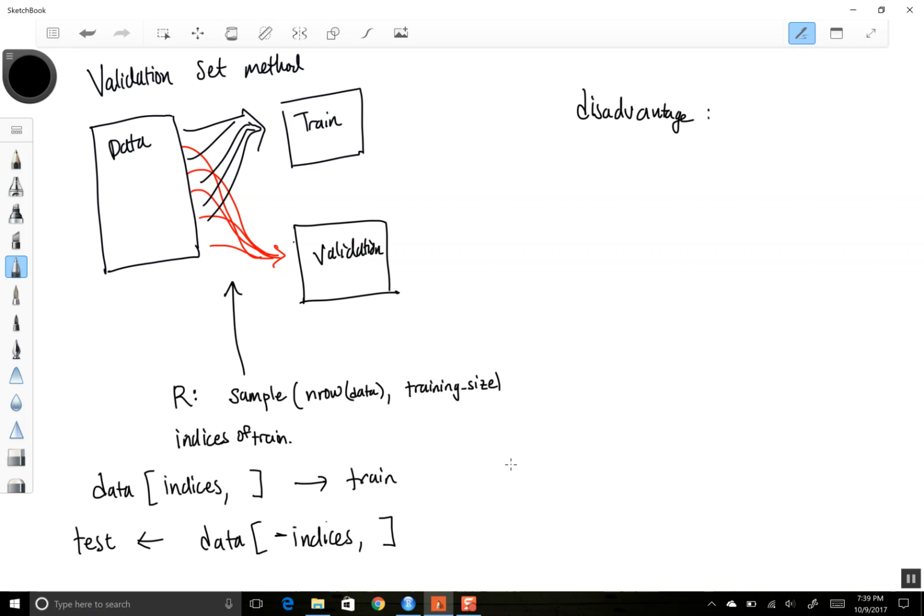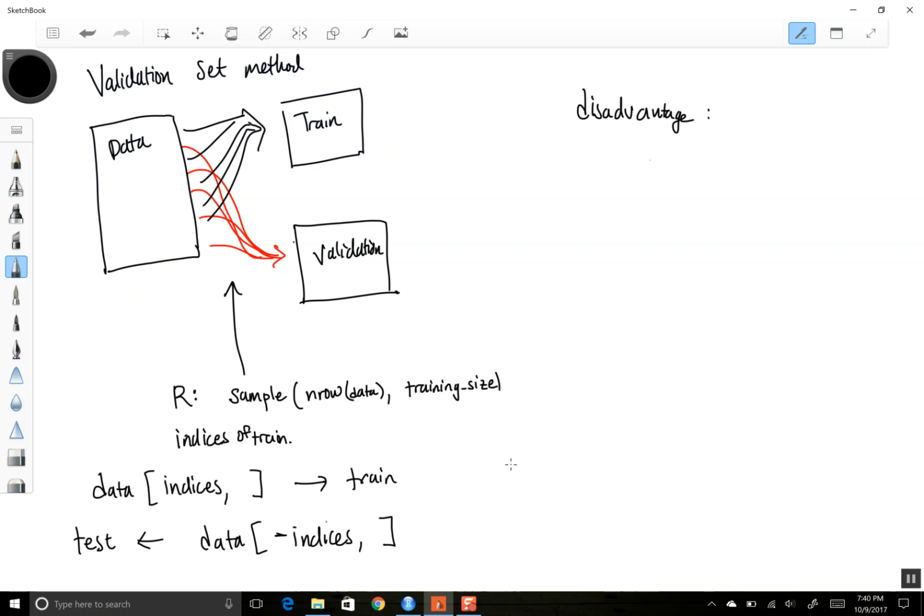Or, if you do a 90-10 split, that 10% that you're using to test, depending on which 10% ends up there, your estimate of the error could be wildly too big or too small, because which 10% of the rows get selected for the test data set is important.